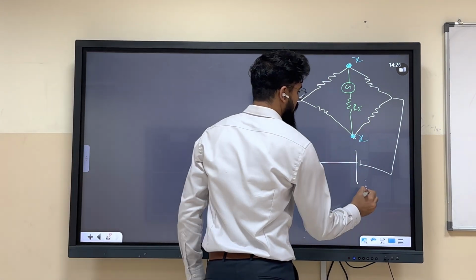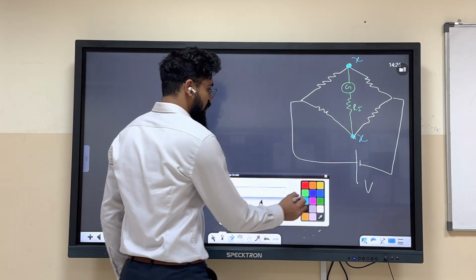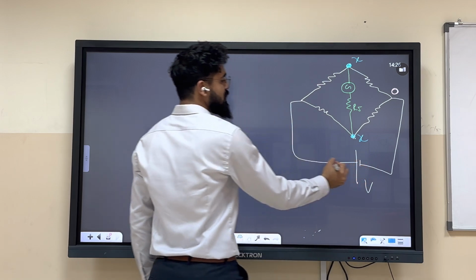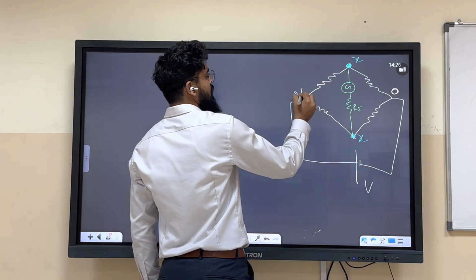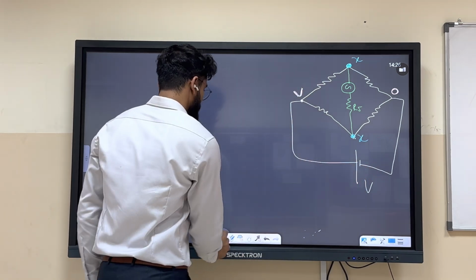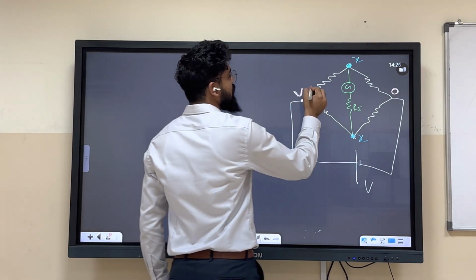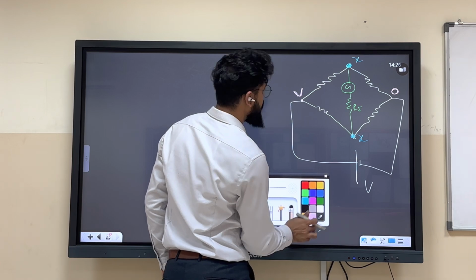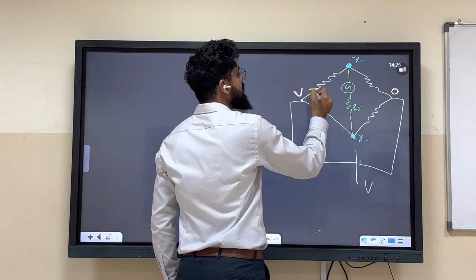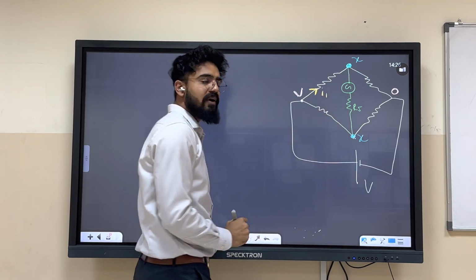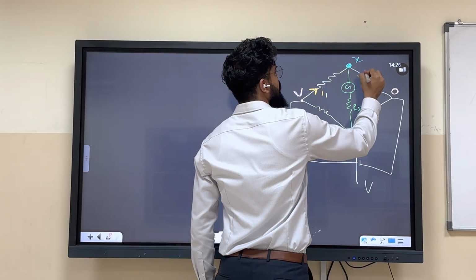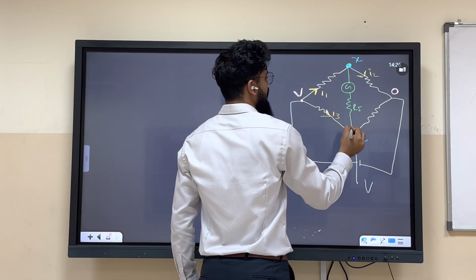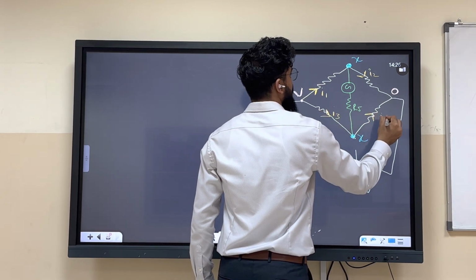If the potential of the battery is V, the potential at this point is 0 and at this point is V. Let's say the current in this branch is I1, in this branch I2, in this branch I3, and in this branch I4.